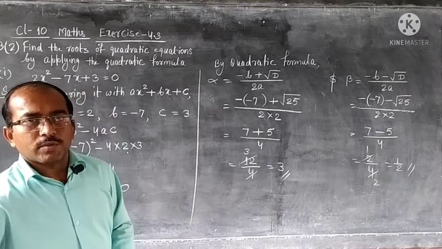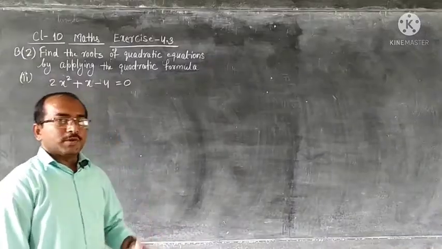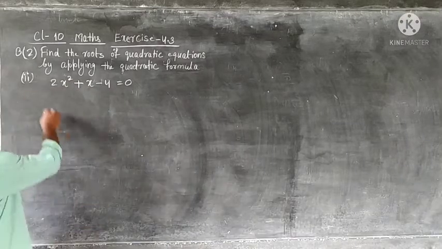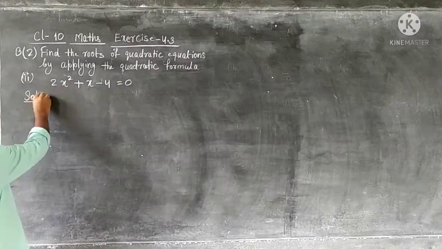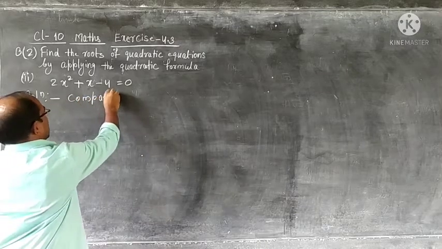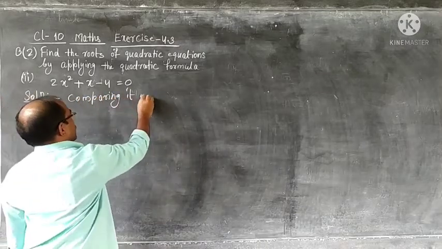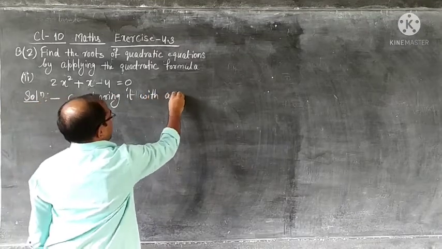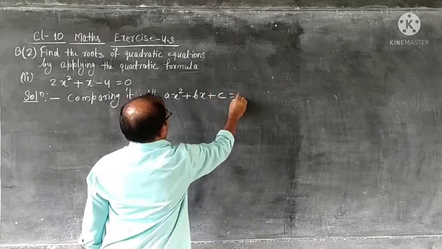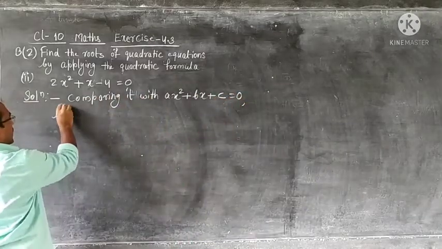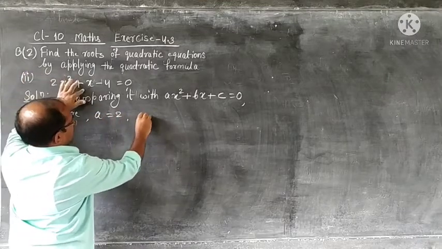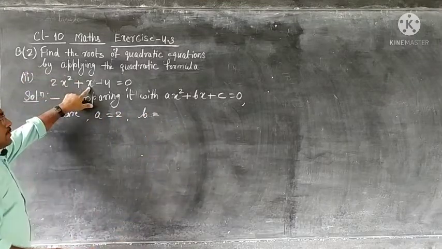Let us continue with question number 2. Here, 2x square plus x minus 4. So, we need to compare this equation with the form of the quadratic equation. We write that, comparing it with ax square plus bx plus c equal to 0, what we get here? a will be 2, and b is the coefficient of the middle term x.